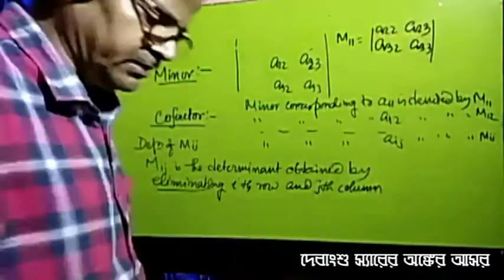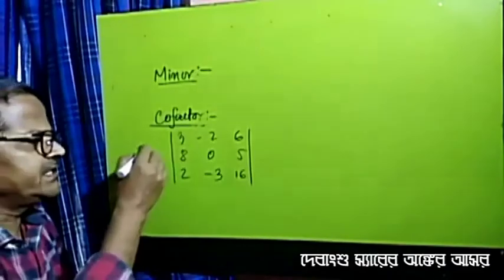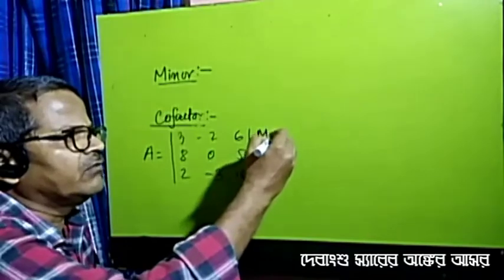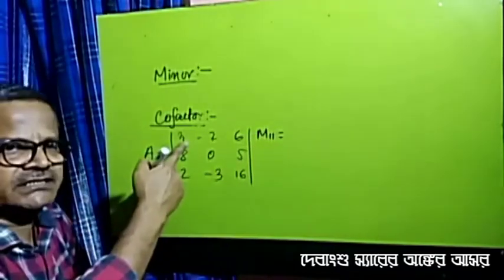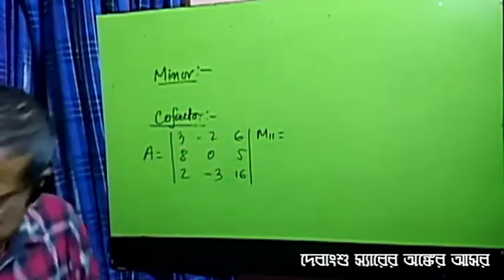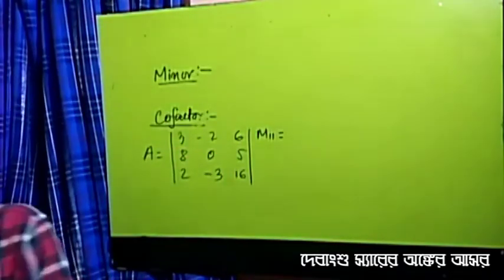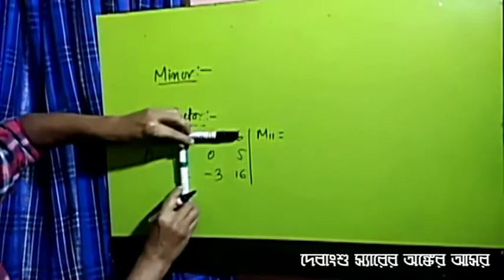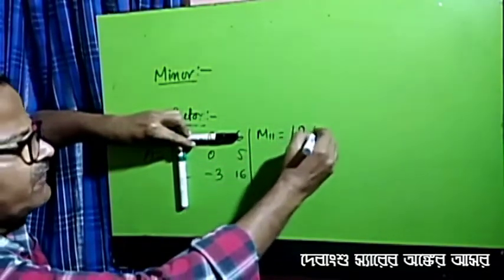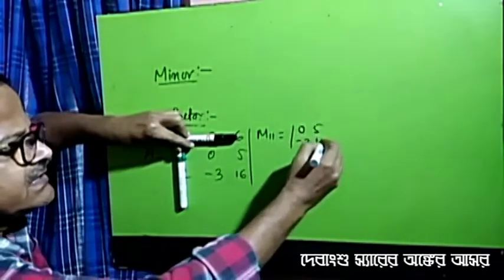This is M11. Let this be a determinant A. So what is M11? 11 means this element is a11. So we have to eliminate this row and this column. After eliminating, we get 0, 5, minus 3, 16.